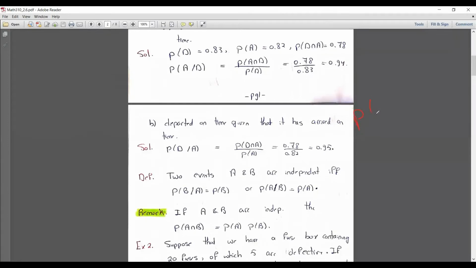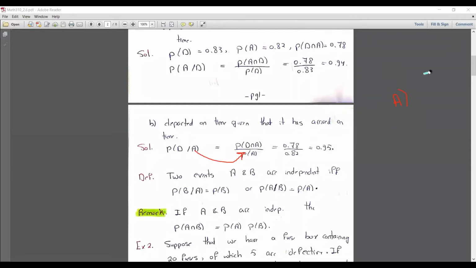P of D given A. When we say knowing that A occurred or given A, both of them mean the same. We are using conditional probability. So according to the formula, it's P of D inter A over P of A. P of D inter A is given 0.78. P of A is given 0.82. So we're going to get the answer as 0.95.